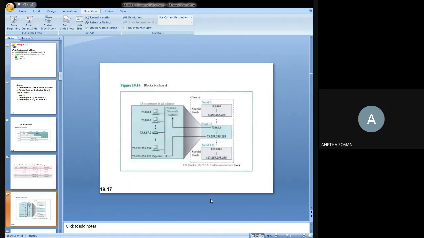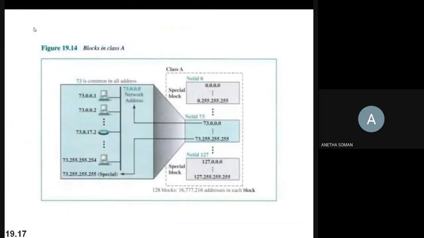In class A, the first block starts from 0.0.0.0 to 0.255.255.255. You have 128 blocks that are divided: net 0 block, the 73rd block as shown, and 127. So the total number of blocks is 128. The block size of each block will be 16,777,216.